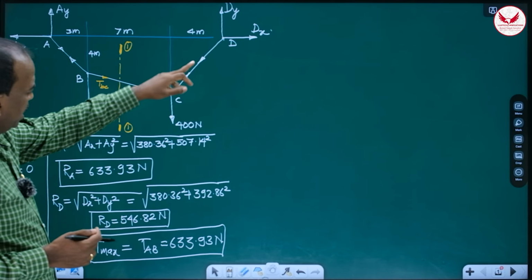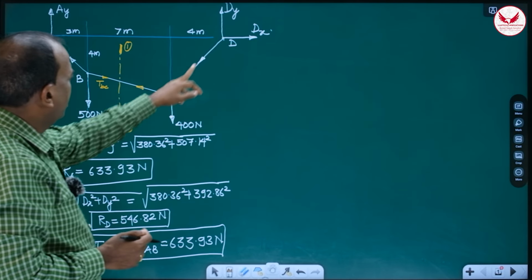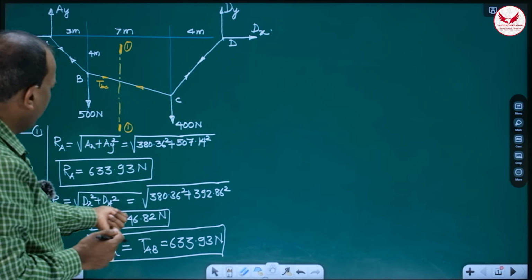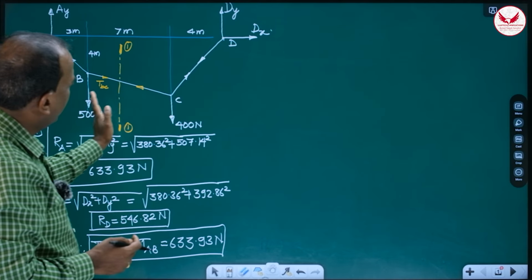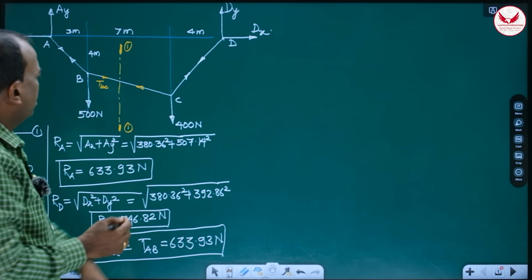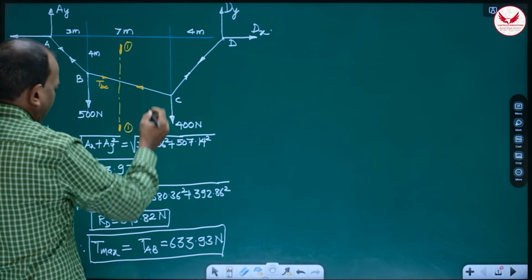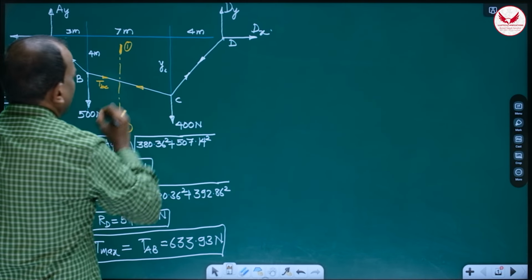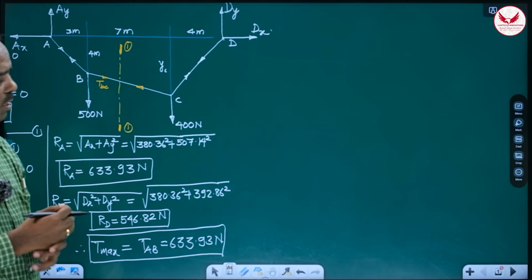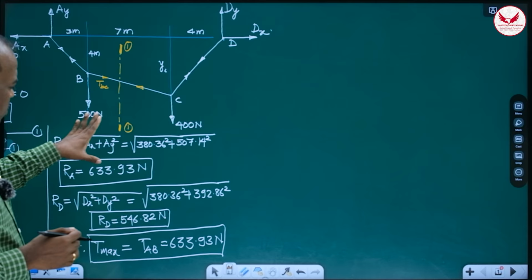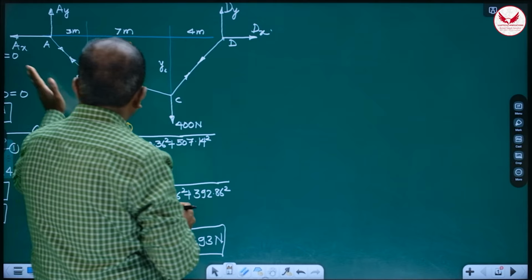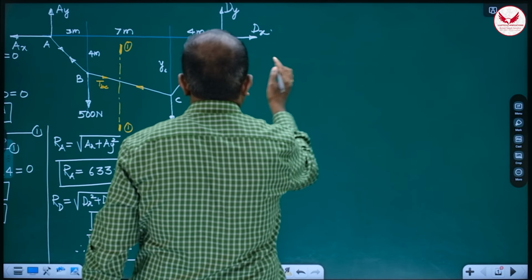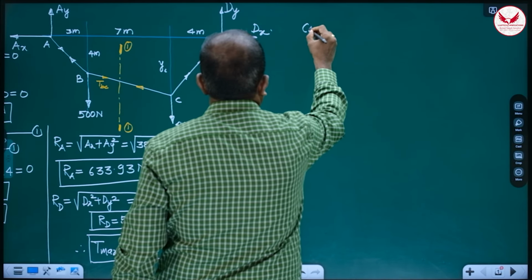AB and CD we can also calculate, that is nothing but RD only, 546. But for getting the tension in BC also, we'll have to calculate YC, the sag at C, first. In the exam they may ask, find the sag at C also. Then in that case, what do we have to do? For the same cable, we only have to consider the RHS. Now this is additional.